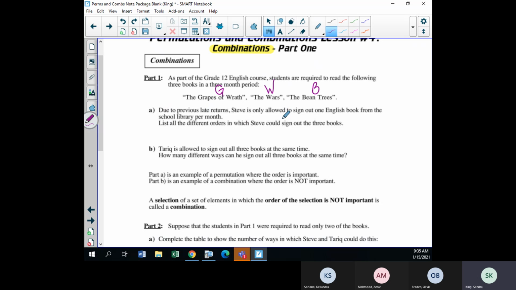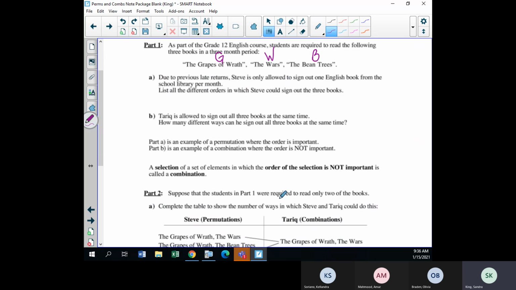So he has 3 different books that he has to read, and that would be like 3 different stages. In the first month, he gets to sign out a book, and the teacher didn't specify which book has to be read first. So how many different choices does he have for this first month? 3. In the second month, he would only have 2 choices of books left to read.